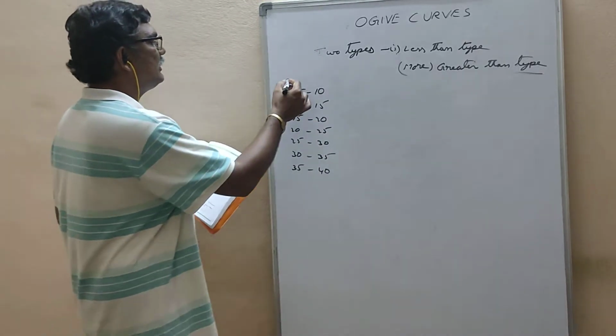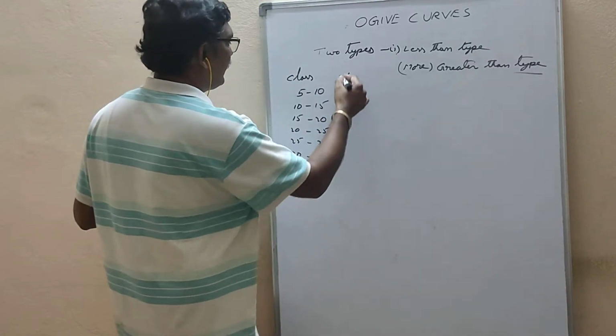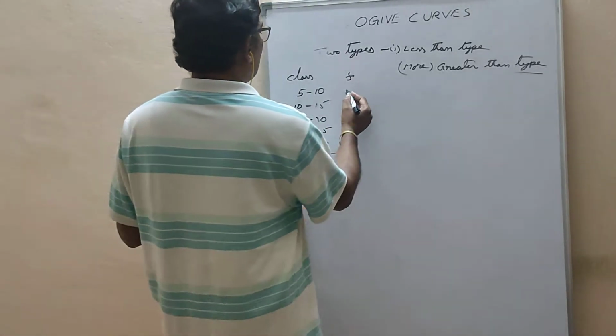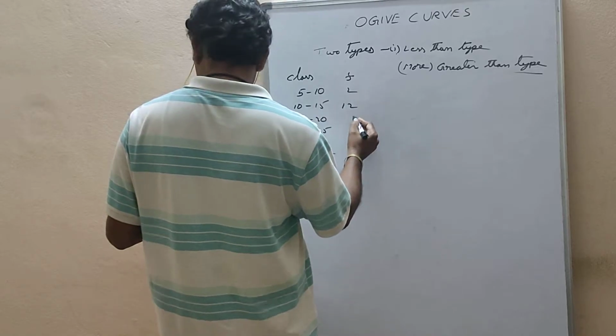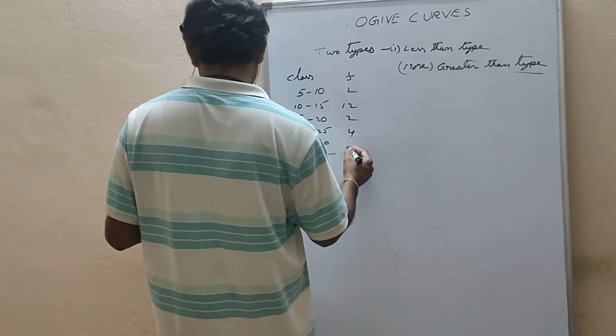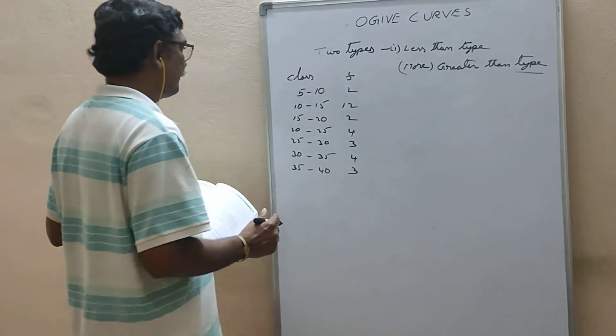So what does this mean? It is the class. Frequency they will also give. The frequencies given are 2, 12, 2, 4, 3, 4, 3.